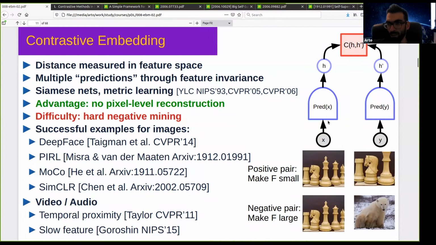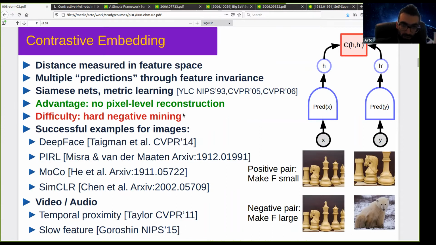And in this case, we compute the representations for both X and Y, and then we compare these representations, and we want to minimize this criterion based on these two representations in such a way that similarity between these two, the original and augmented version, is high, and similarity between the original version and negative sample is low, right?